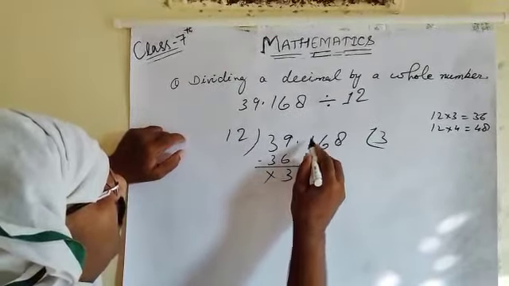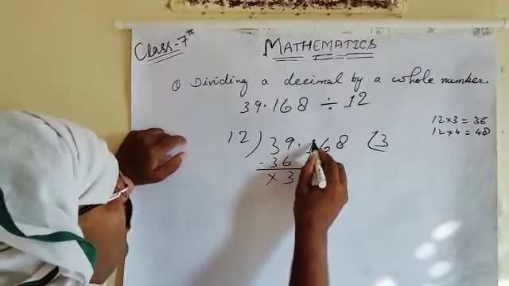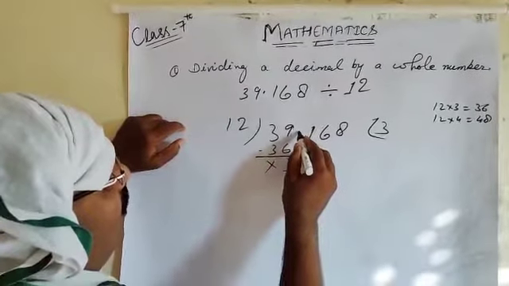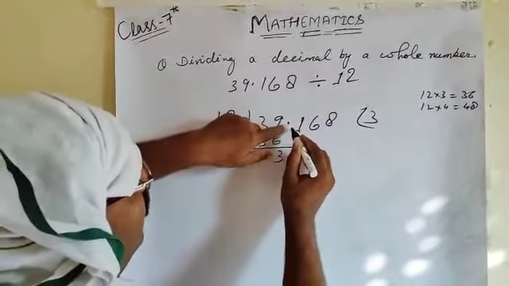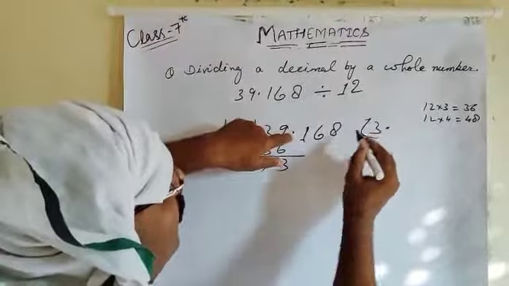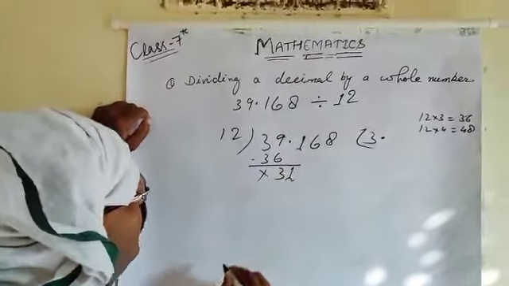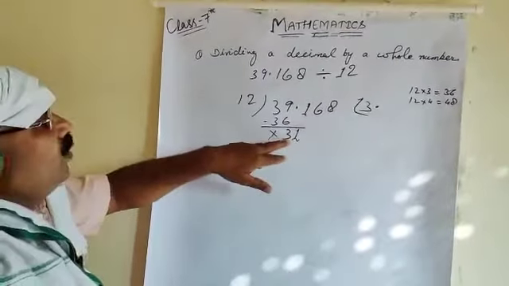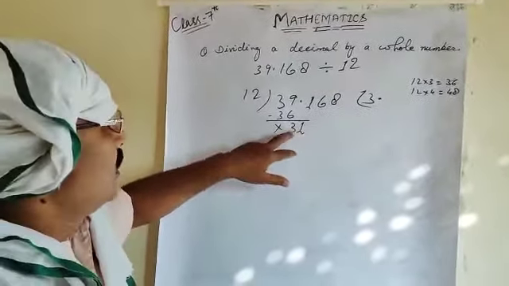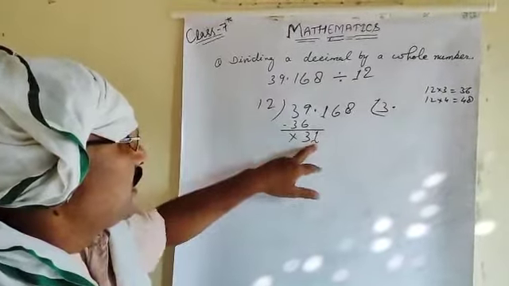When you bring down the next number from above, if there is a decimal point, you should put the decimal point here. After that, you will bring down the next number. You can see here is 31 and here is 12, which is less than 31.